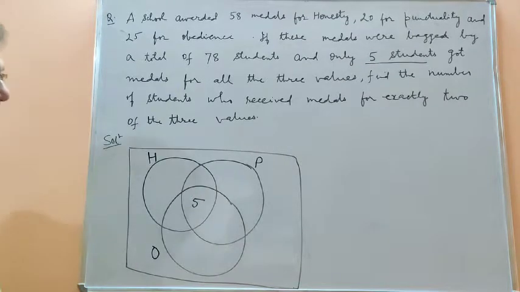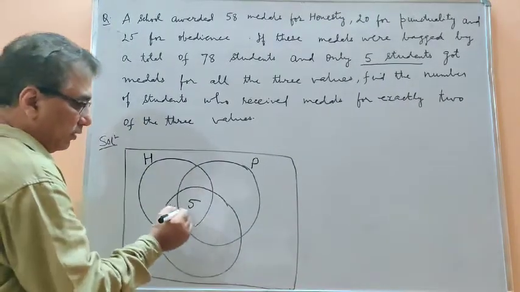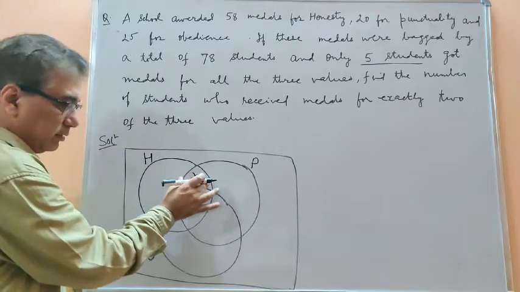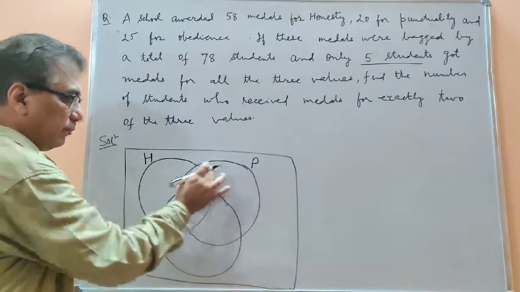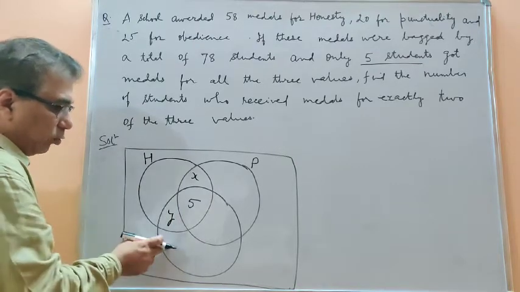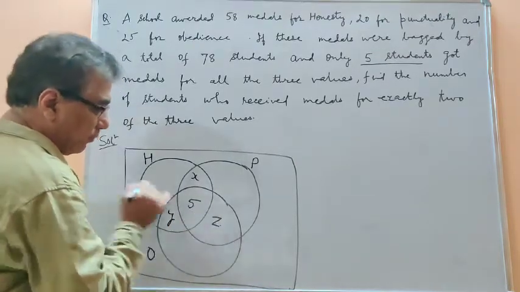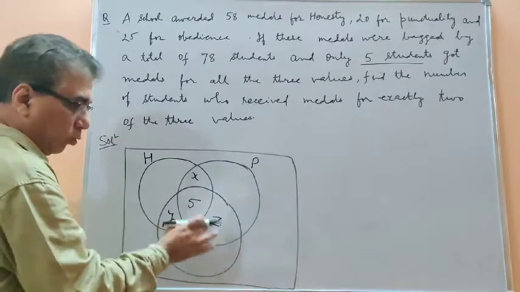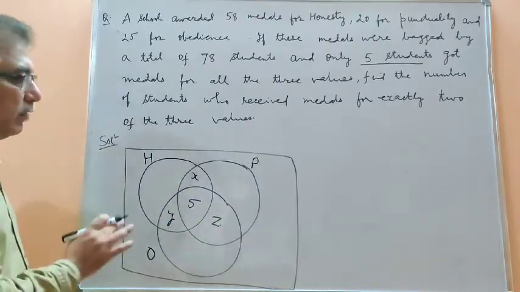Okay, and if I take X here, X means the common between H and P. And if I take Y here, common between H and O, and Z here, common between P and O. So what is required here?